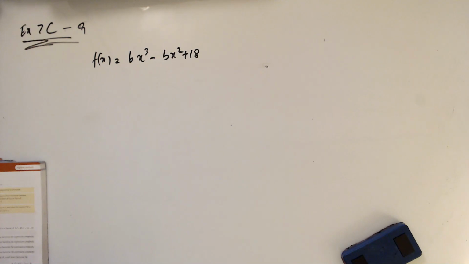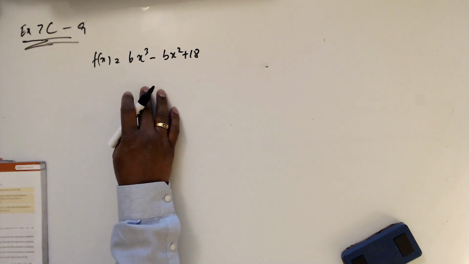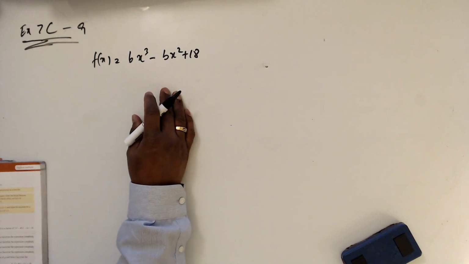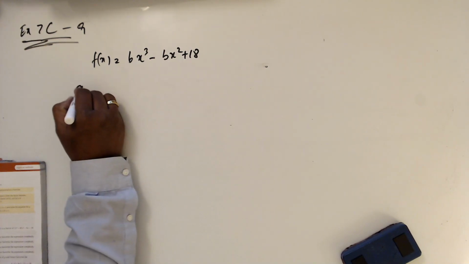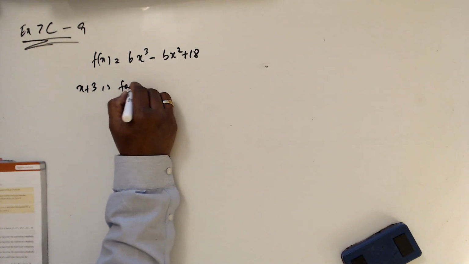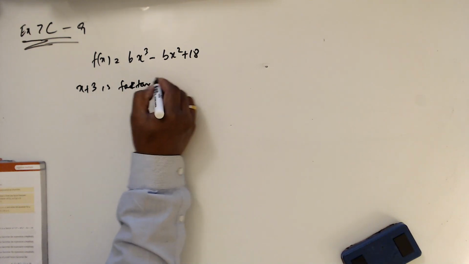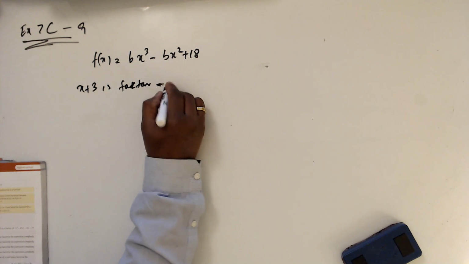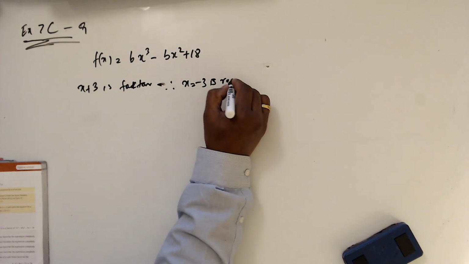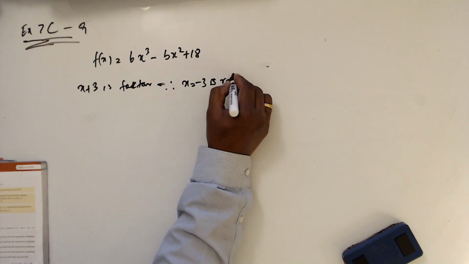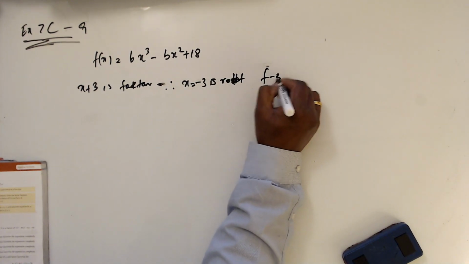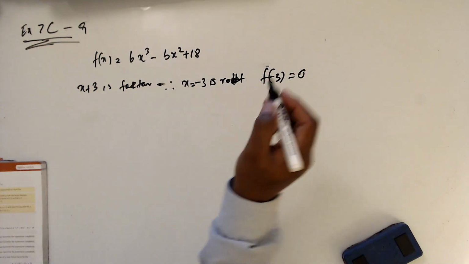Question number 9. 6x cubed minus b x squared plus 18. So x plus 3 is a factor, hence x equal minus 3 is a root, hence f(minus 3) has to be equal to 0.